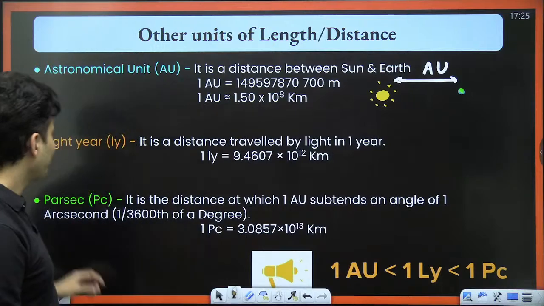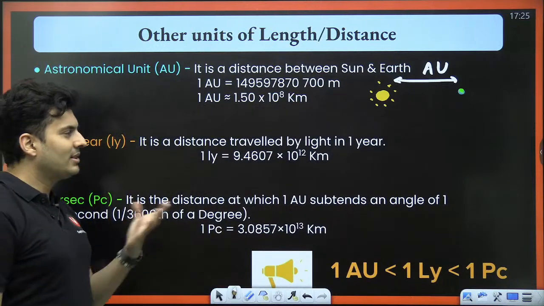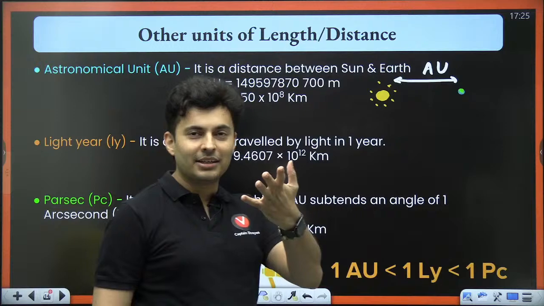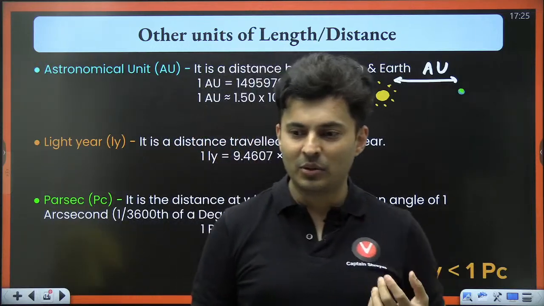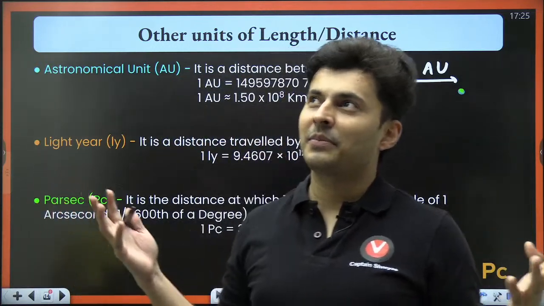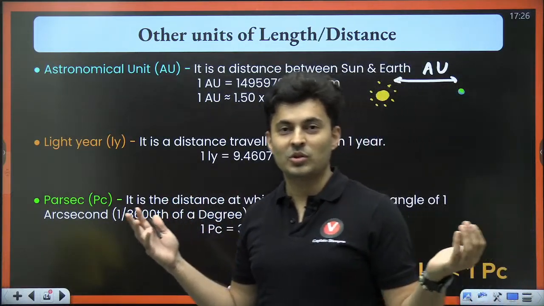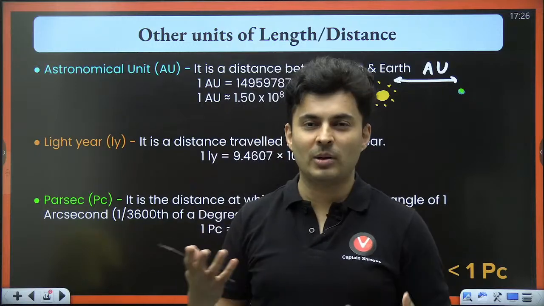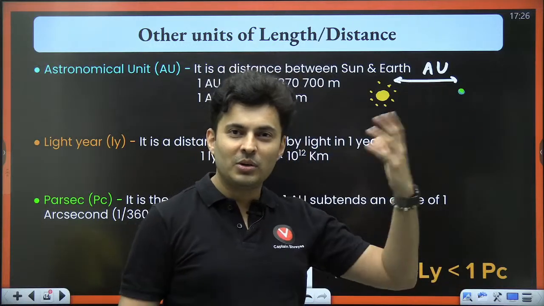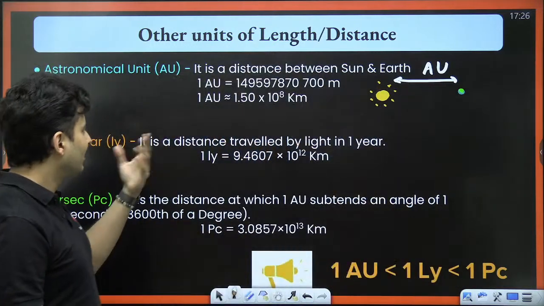Okay, great. Next is light year. What is light year? Once Pandu told Champa, you are my light, you are my sunshine. So that was Pandu's way of proposing to Champa. So Pandu told Champa, you are light. So that time what happened?